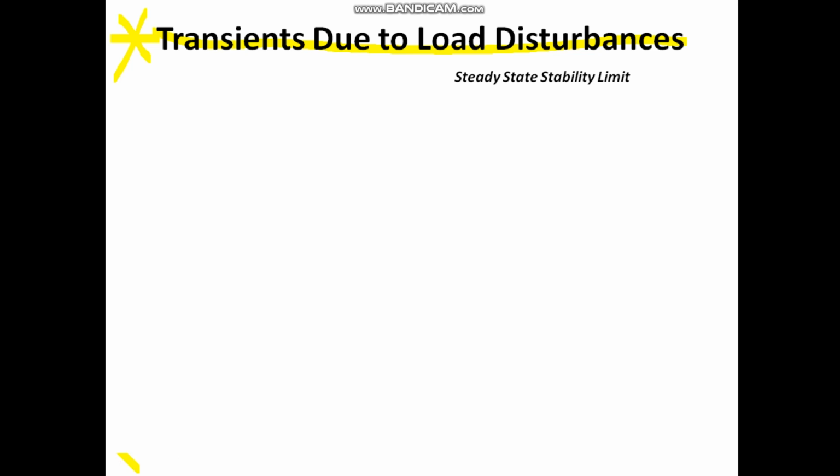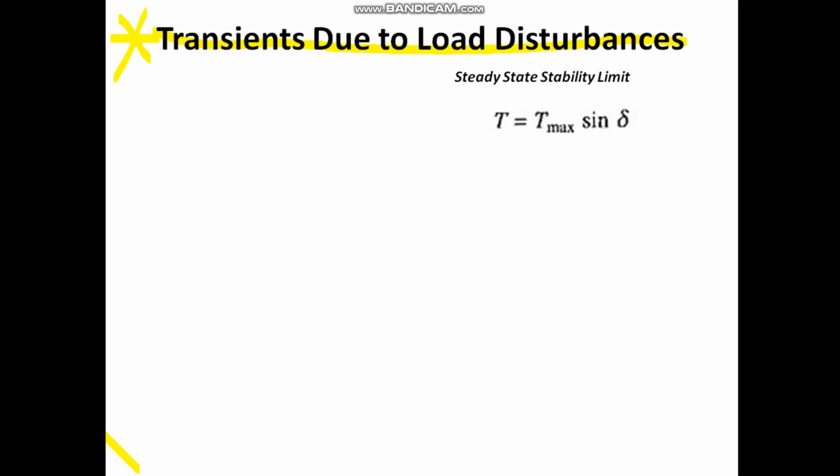See, when we talk about transients, we need to talk about steady state stability limit and dynamic stability. So steady state stability, we know T is equal to T max sine delta. So this we had done when we were doing the analysis of a synchronous motor.